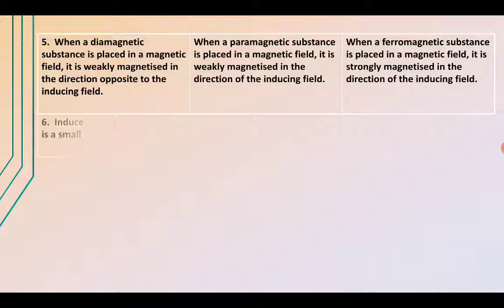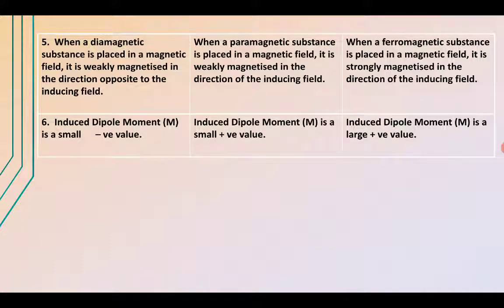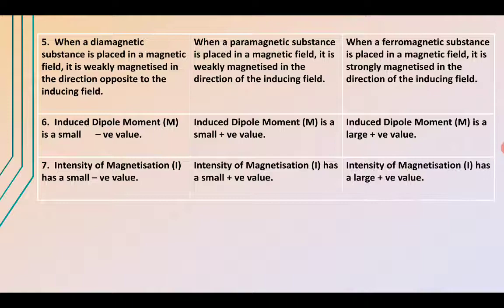The dipole moment is negative for the diamagnetic, it is positive with small value for paramagnetic, and it is positive and with a large value for the ferromagnetic substance. Intensity of magnetization is negative for diamagnetic substance and positive for both para and ferromagnetic substance.